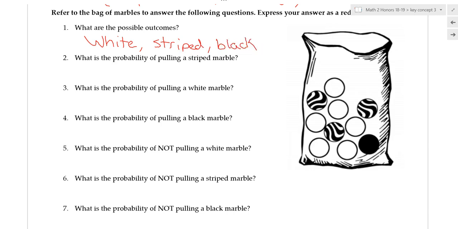What is the probability of pulling a striped marble? Well, let's first say 1, 2, 3, 4, 5, 6, 10. I have 10 marbles in my bag. I have 1, 2, 3 striped marbles. Done. Probability of striped.